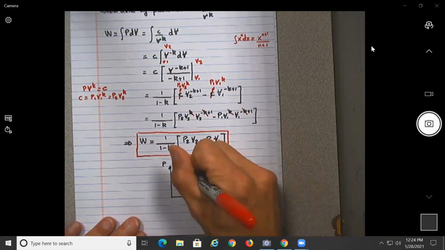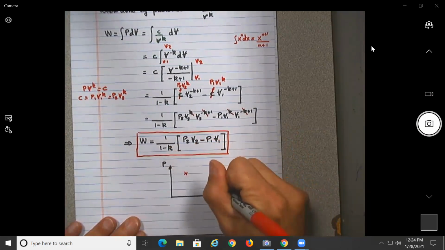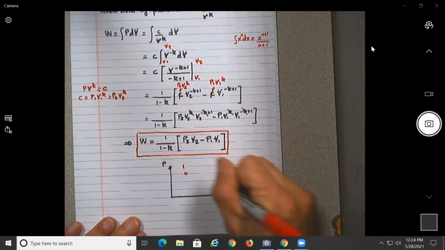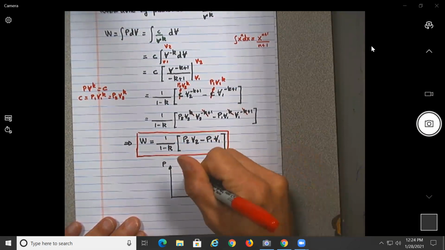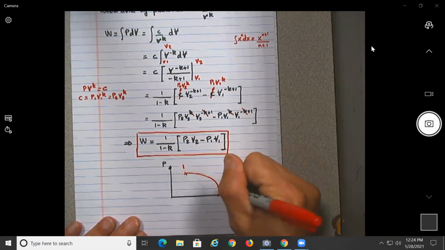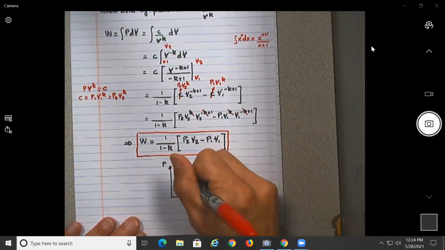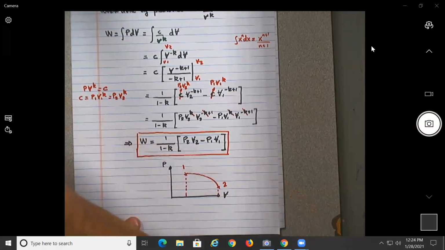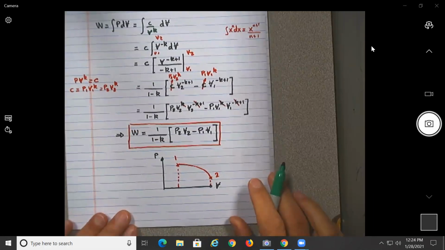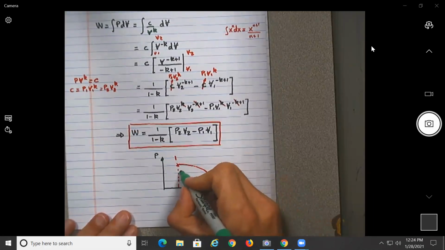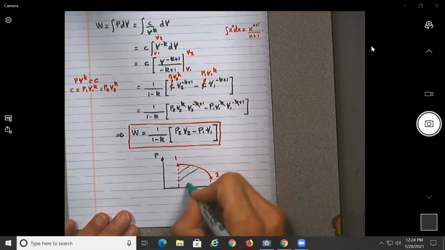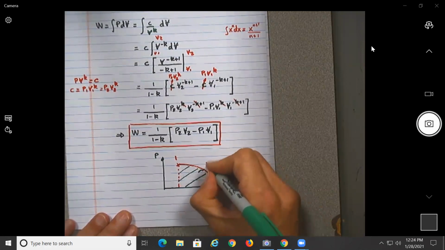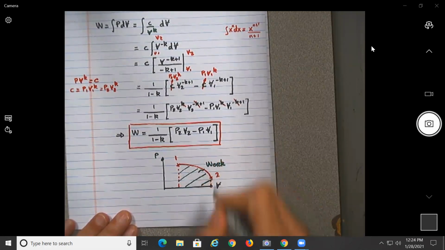Okay, it doesn't matter how you plot it, but let's just say you go from 1 to 2 and do whatever you want. I'm going to do it this way, but it could be the other way. All right. So again, as we did before, what should be the work? It will be the area under the curve.